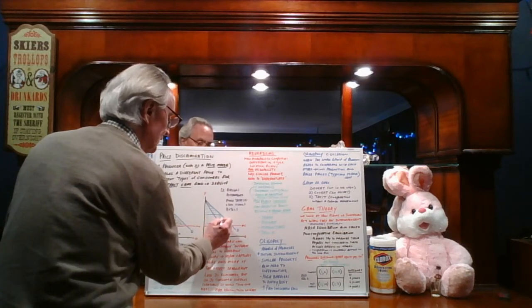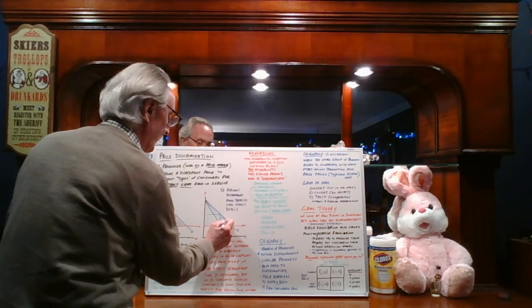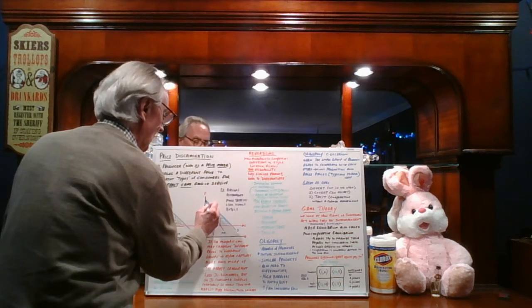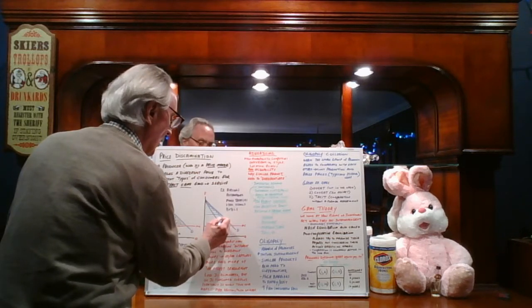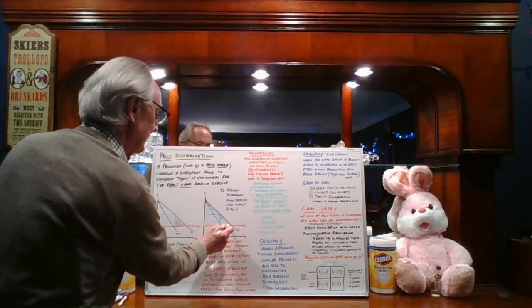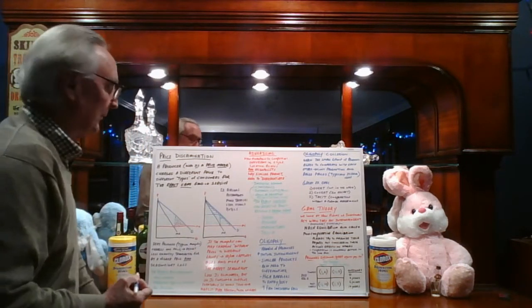If they could charge two prices, or three or four, they keep taking advantage of different types of consumers, and the more types of consumers that they can take advantage of, the more boxes they're filling in.